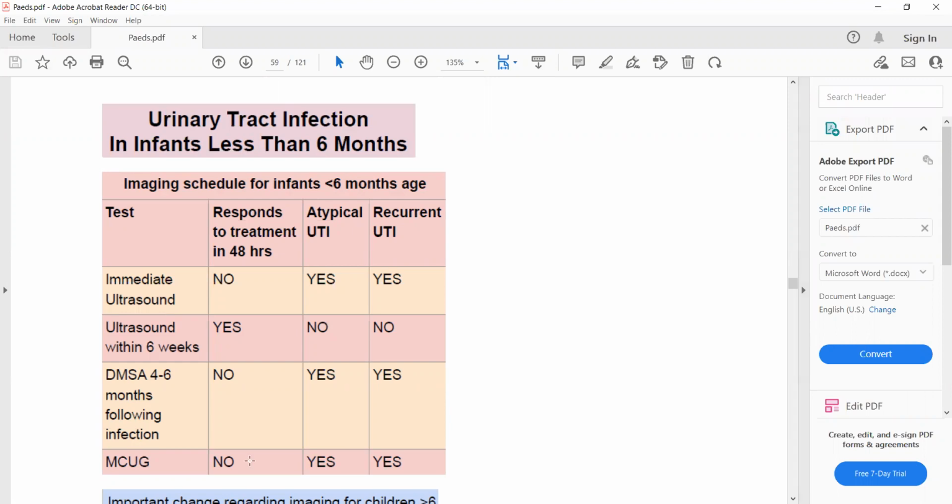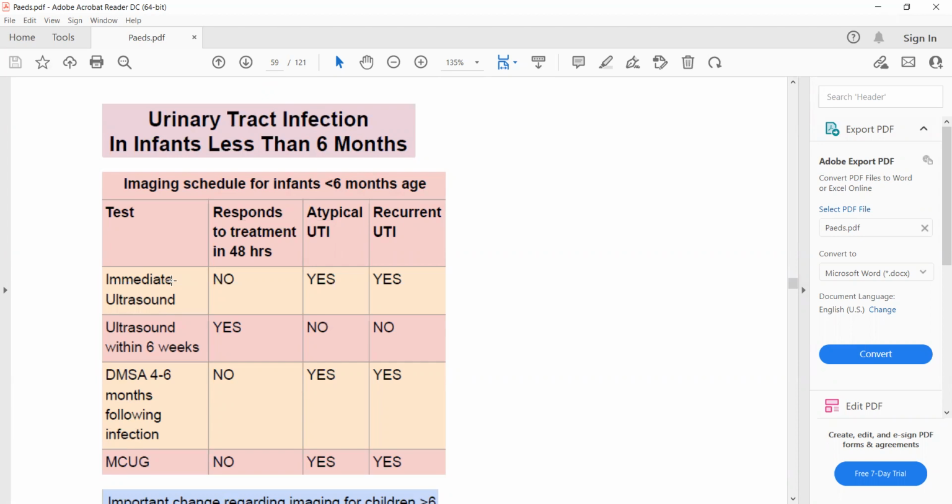One of them is ultrasound, second one is DMSA scan, and third one is MCUG, micturating cystourethrogram. So these 3 radiological procedures are done in children with UTIs. So when they need to be done, it's very important to remember that.